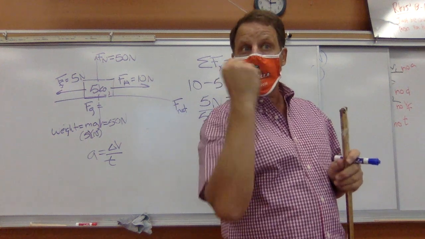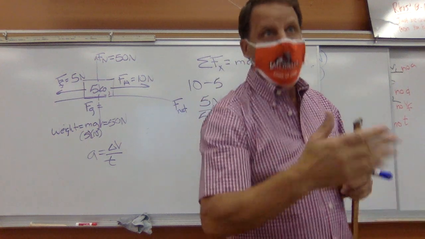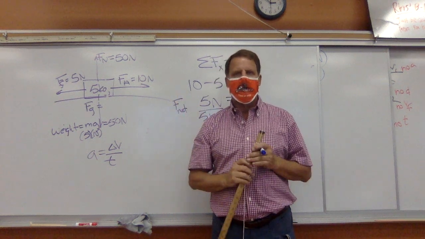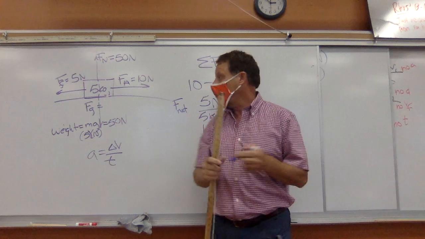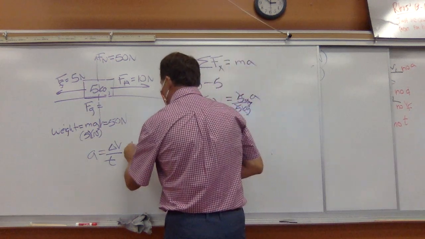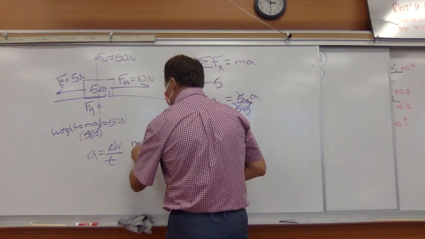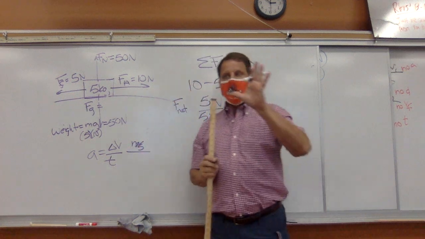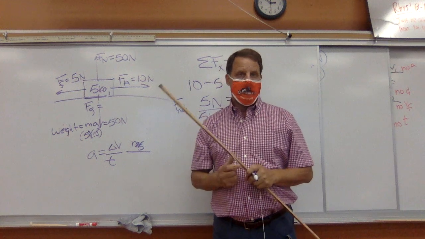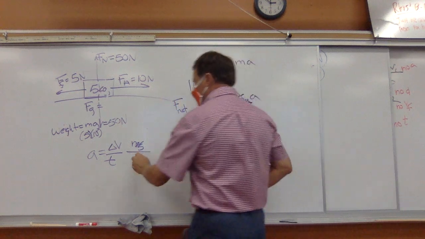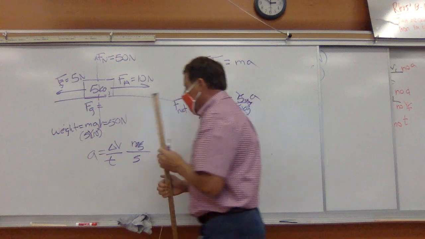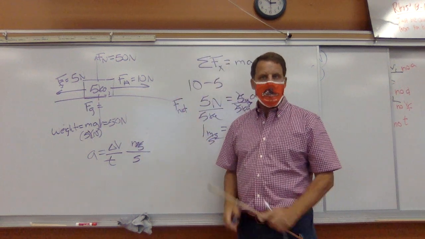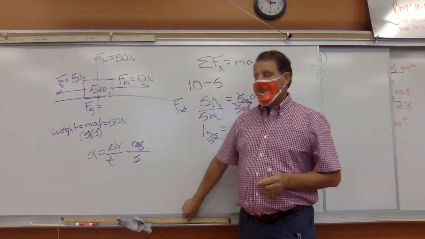Our standard unit for time in the metric system is not an hour. What's the standard unit? It's seconds. So right here, the units for velocity would be meters per second. Okay, and you've seen a lot of that. And the standard for time, again, is seconds. So what we're really doing is saying meters per second per second.